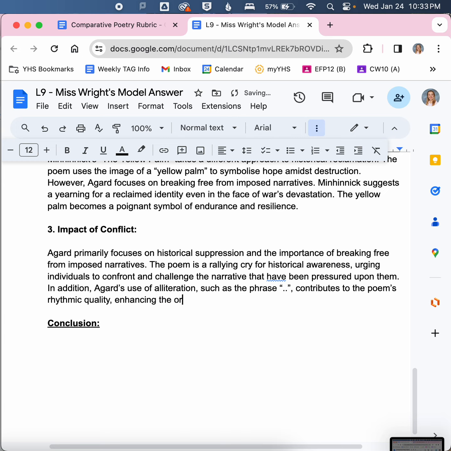But I do know the effect of alliteration generally, so that's how I'm able to continue with this. Wait, let's do contrastingly, because I want to mix up my vocab.